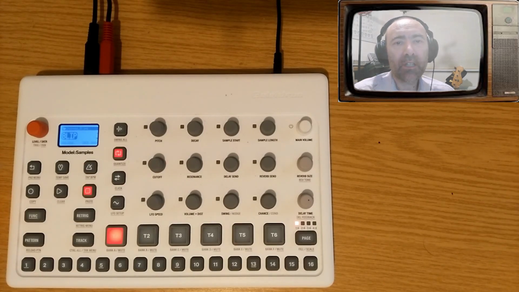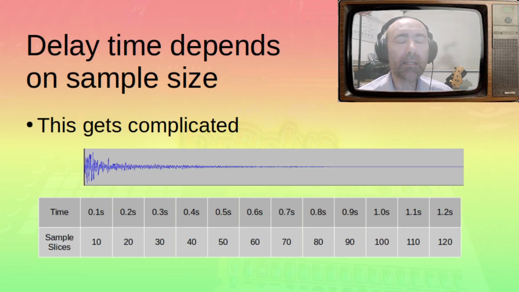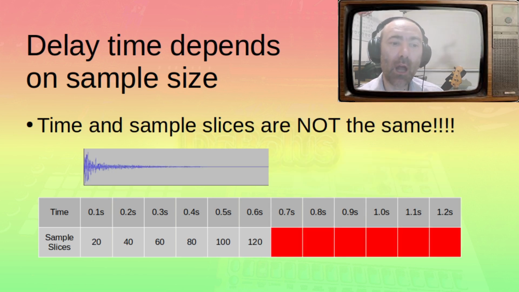All of the samples are cut into 120 slices. It doesn't matter how long the sample is, it's only going to be 120 slices. If you've got 1.1 or 1.2 seconds, it will be exactly the same as if you had a sample that was half that length. You would still have 120 slices.